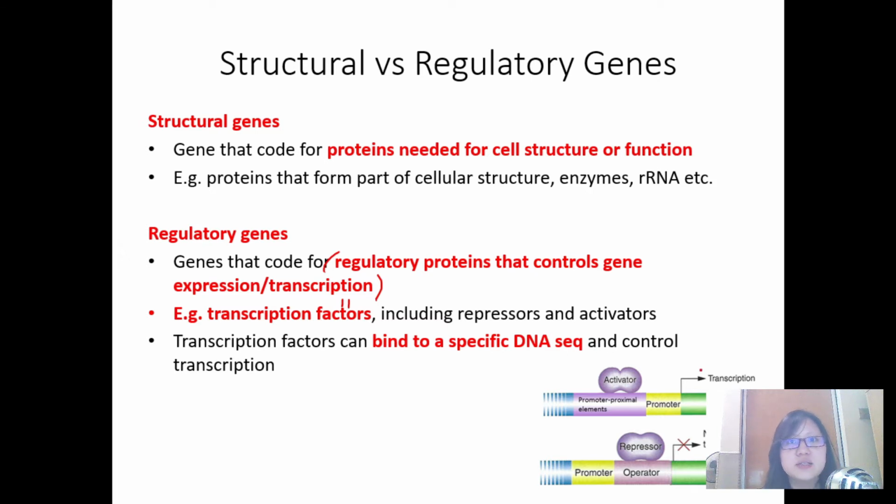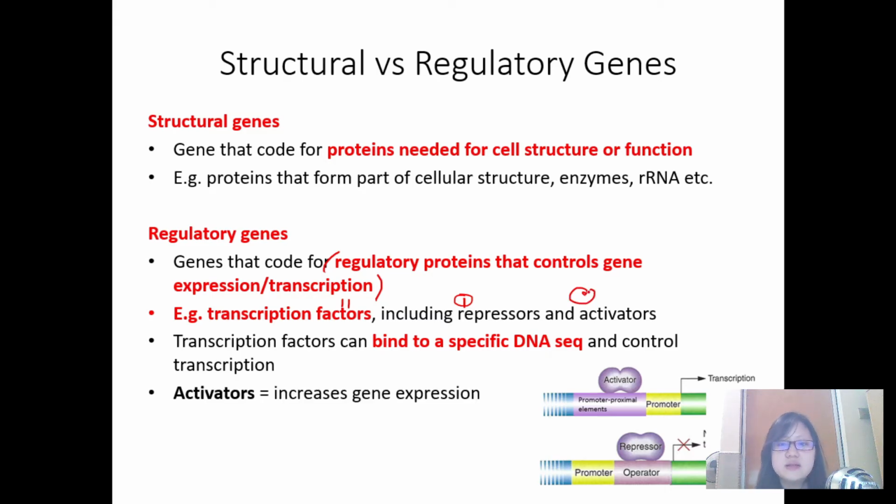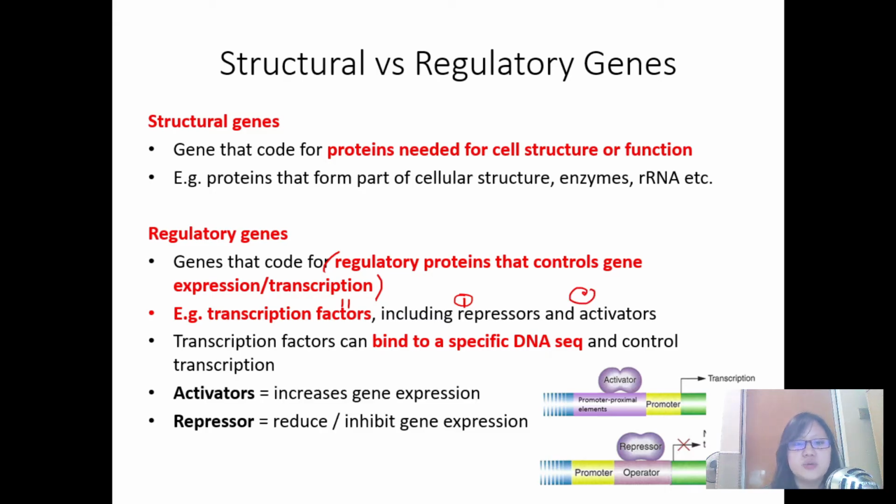There are two types here: one, repressors; number two, activators. Activators increase gene expression, whereas repressors reduce or inhibit gene expression. Just to be clear, repressors and activators are both transcription factors, but they function differently. They also bind to different sites.